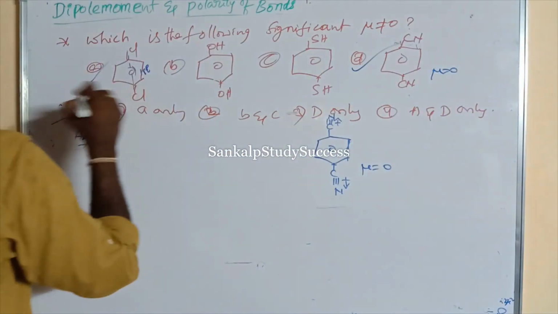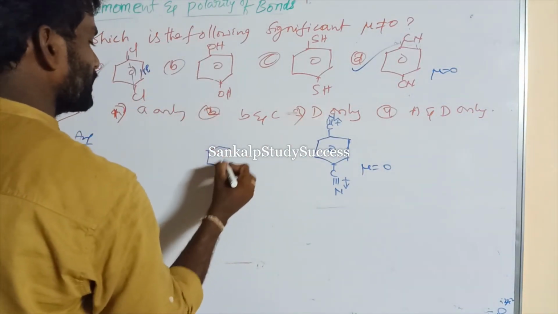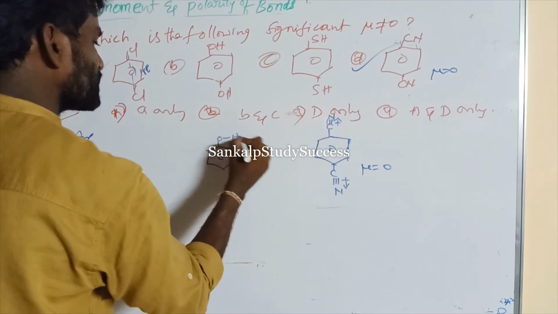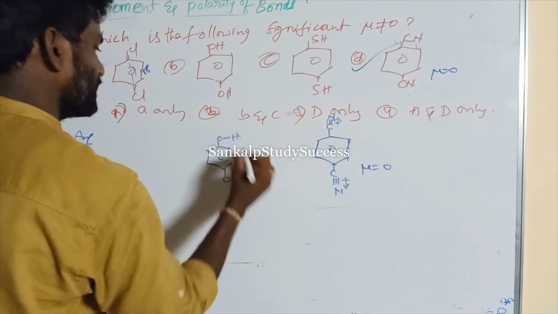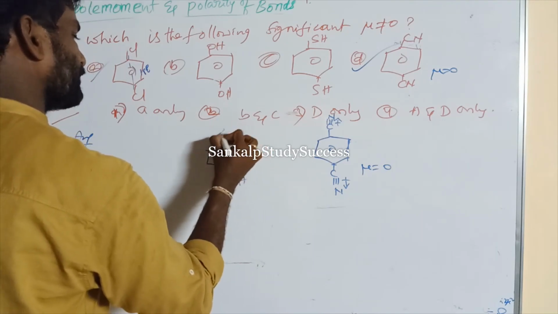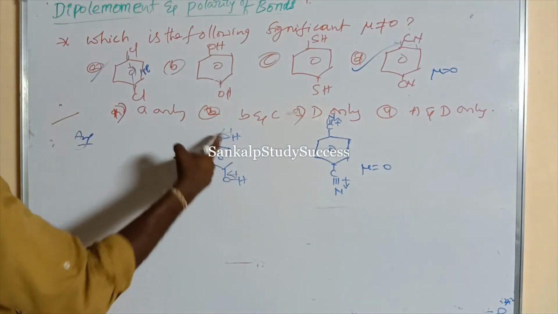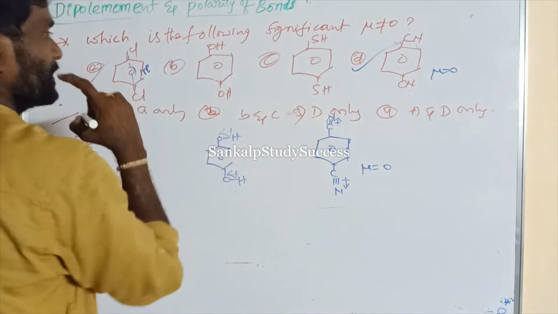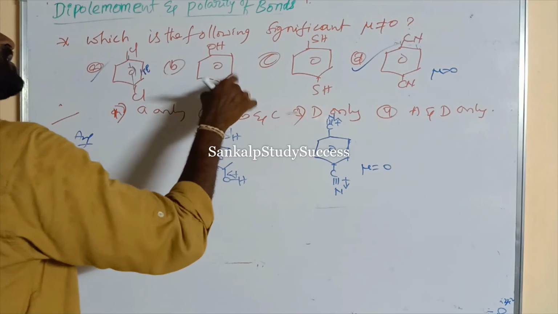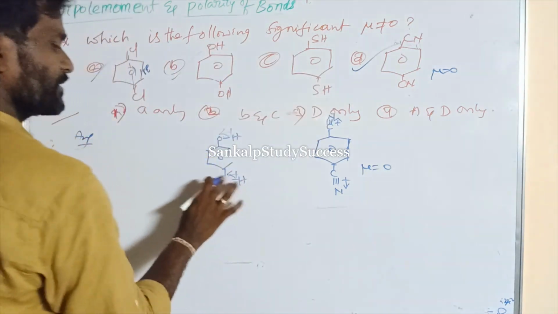But this one does not have a 0 dipole moment. This is the O bond H, and the crossed arrow is shifted towards the O side, the high electronegative atom side, here also. So both are present in one direction, and its dipole moment is not equal to 0. This is the answer, and this is also SH.